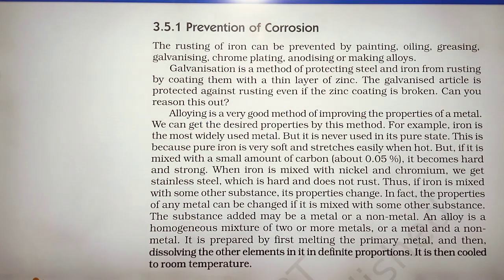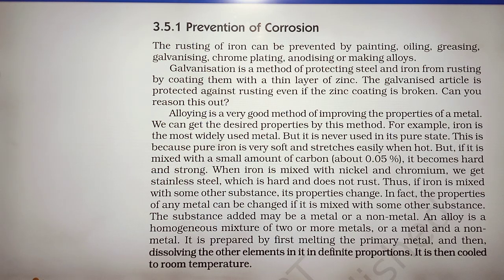Okay, because it is very soft and it can also be stretched easily when hot. But if it is mixed with a small amount of carbon, like about 0.05%, it becomes hard and strong.